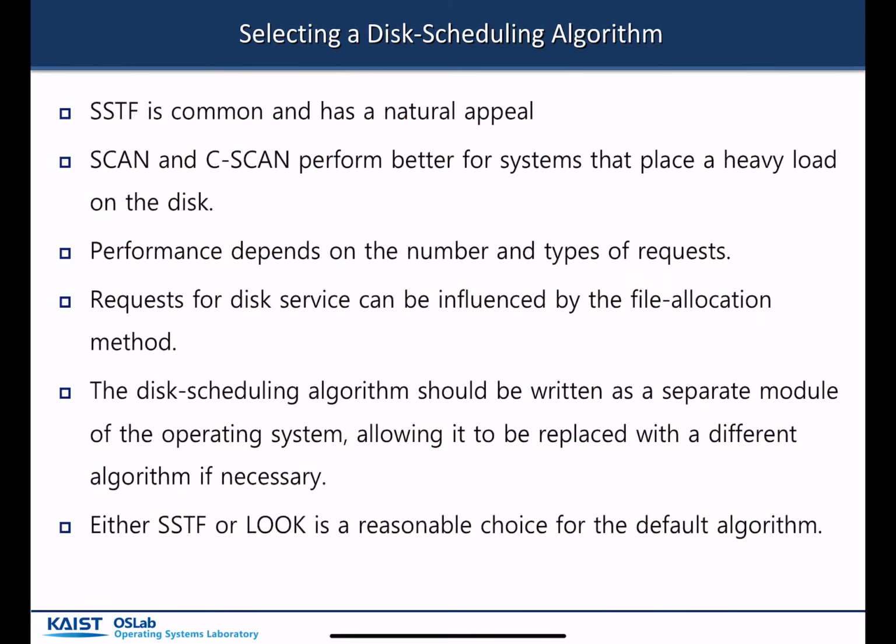There are a number of issues in selecting the disk scheduling algorithm for a hard disk drive. Shortest seek time first is common, and it has a natural appeal. However, scan and C-scan perform better for heavy load.